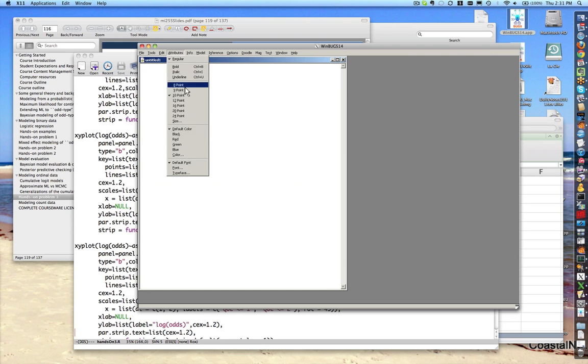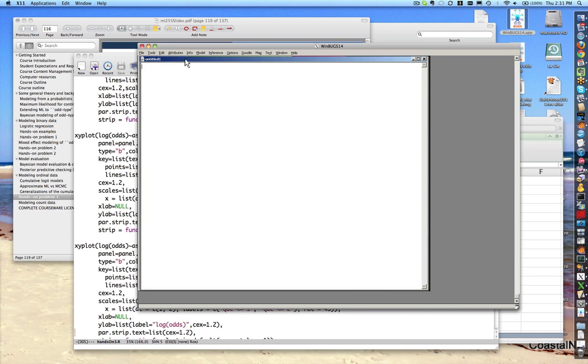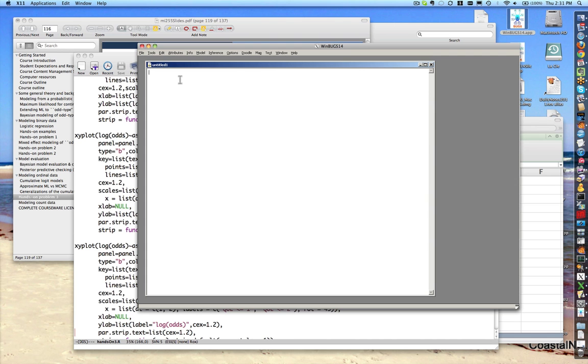Let's make the font big enough that you might be able to see it. Maybe widen this a bit. Okay, so as usual, we start out with model. Actually, let's make that a little bit bigger too. Let's go to 20 maybe.